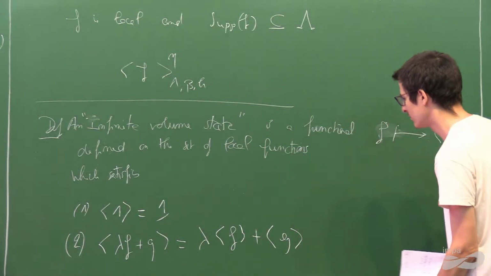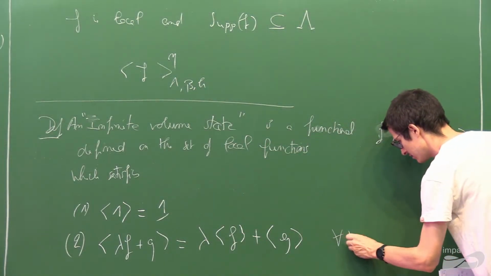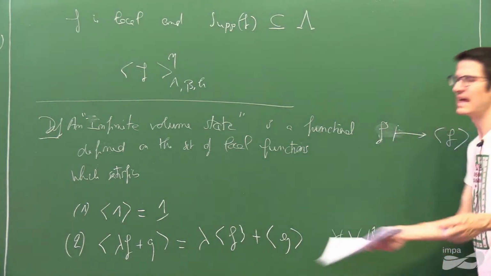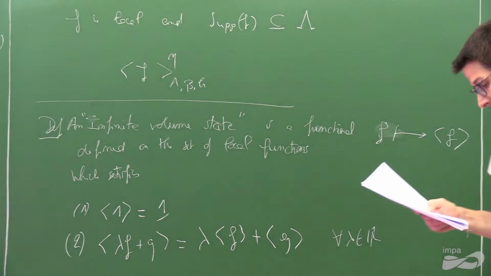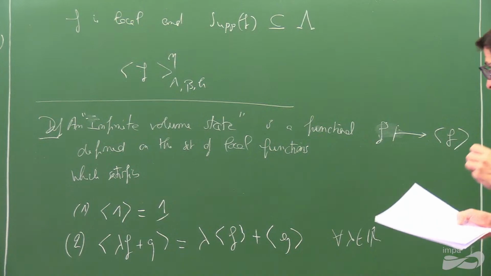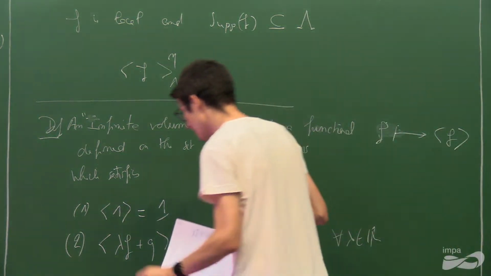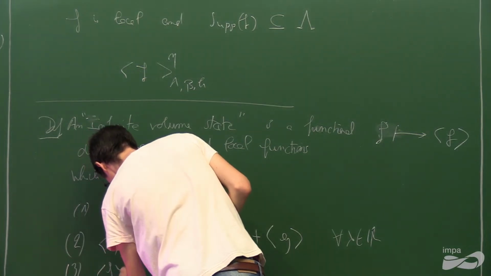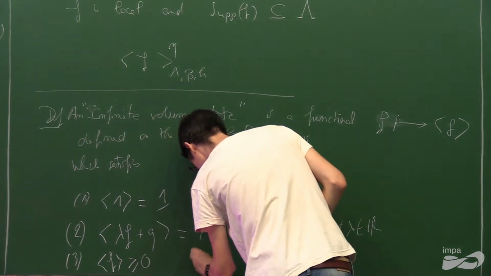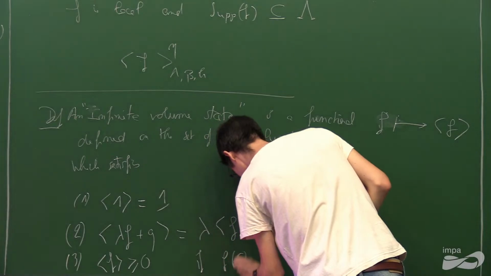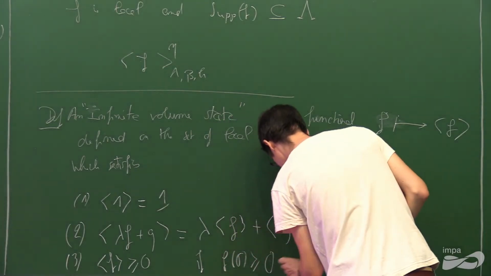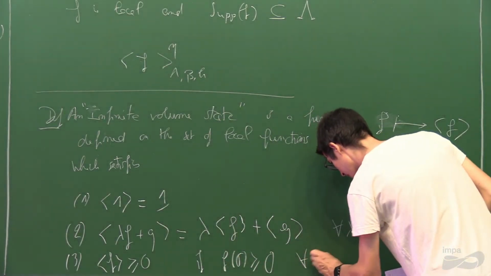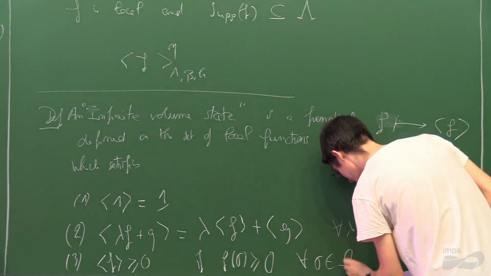for all lambda real and f, g local. And the last thing is I want the bracket of f to be positive if f of sigma is positive for all sigma in omega.